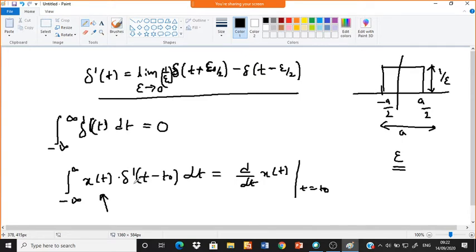In a similar way you can put it as the second derivative, where it becomes del double dash of t.